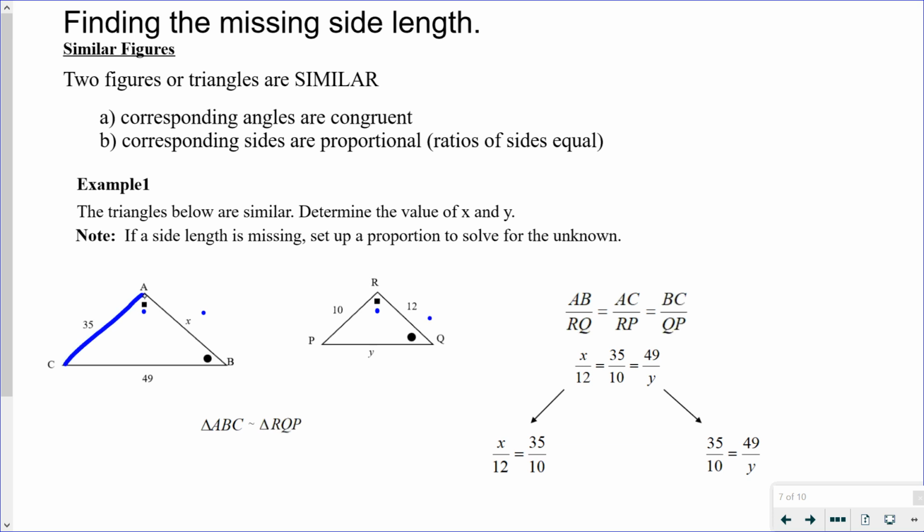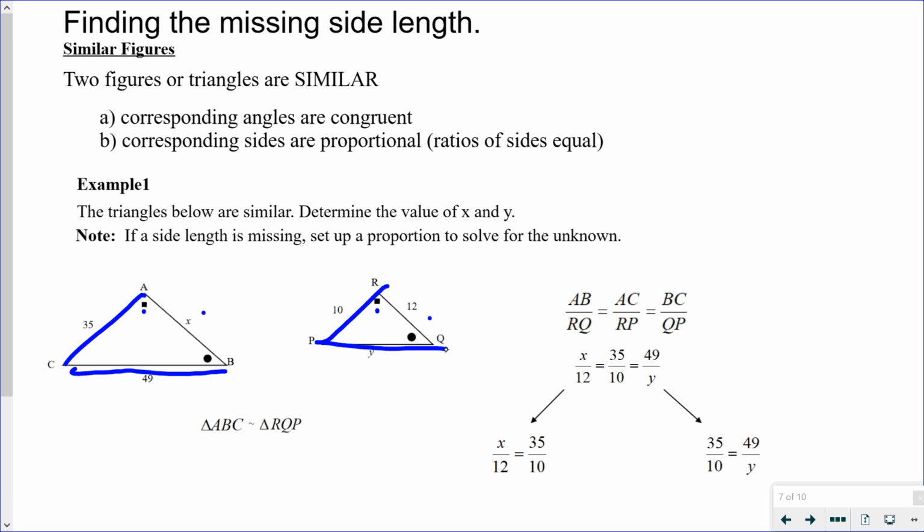AC is 35 and PR is 10, so we wrote a ratio of 35 to 10. And then CB is 49 and PQ is Y, so we set up a ratio of 49 to Y.